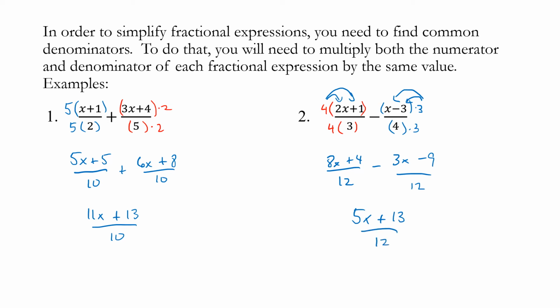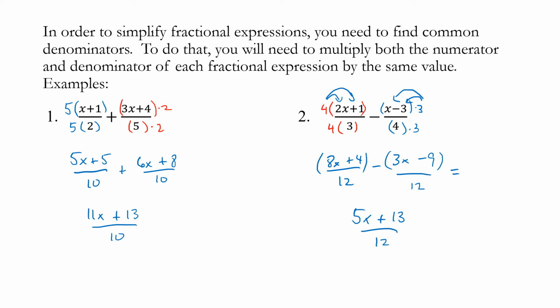For some people, it might help to distribute this negative sign and make this all one fraction. So I'm going to show us how we do that. Again, that minus sign is applying to that entire fraction, so it might be helpful to put parentheses around it like that. You could put parentheses around the first one, though it doesn't really affect it. Now you can distribute and write it all over one fraction.